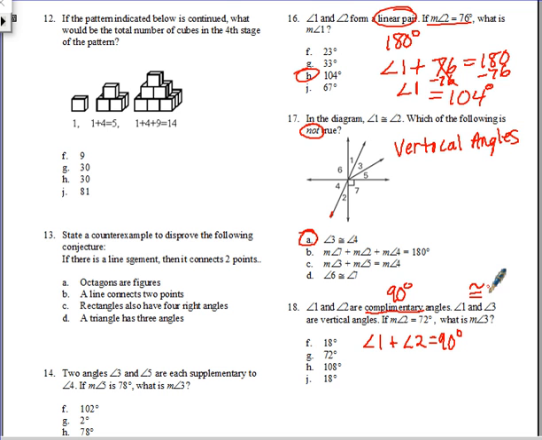If angle 2 is equal to 72 degrees, and we know that angle 1 and angle 3 are congruent, then we can say angle 3 plus 72 equals 90 degrees. And if we subtract 72 from both sides, then angle 3 has to be 18 degrees. Questions? All right, let's continue.